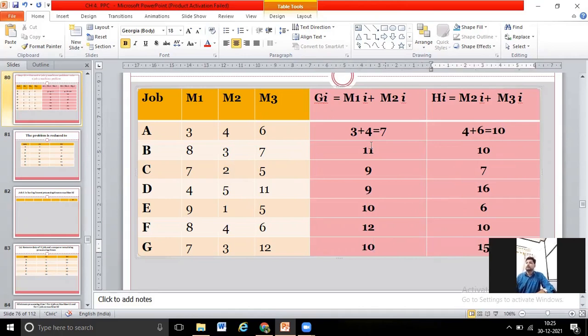Okay. So in this manner, we have determined the hypothetical machines' processing times.